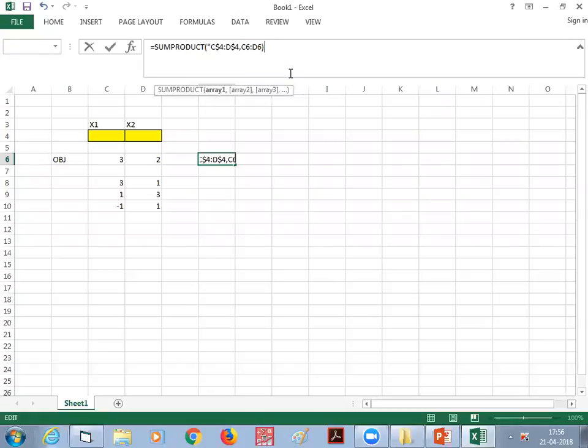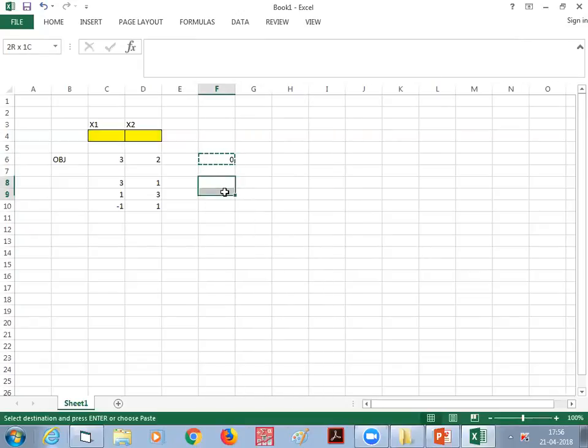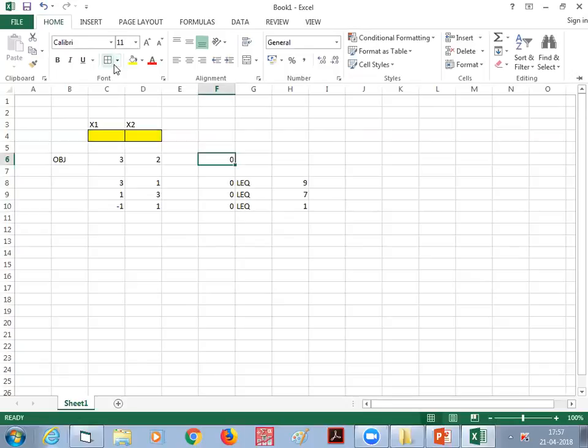Okay, all right. So copy that here. These are all less than or equal to how much? 9, 7, and 1. Okay. And we can solve it immediately.